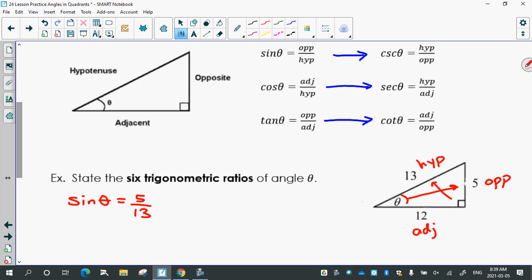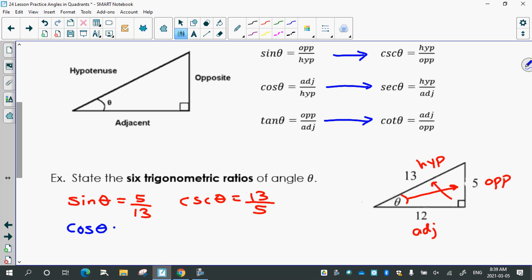Okay? And then right after I do the sine, I would do the cosecant because I know that all I have to do is take the sine ratio and flip it upside down. Because that's going to represent hypotenuse over opposite. And then I would do cosine.